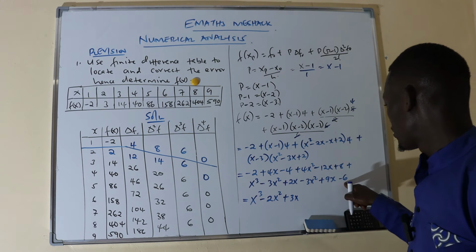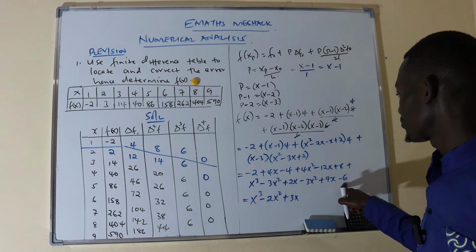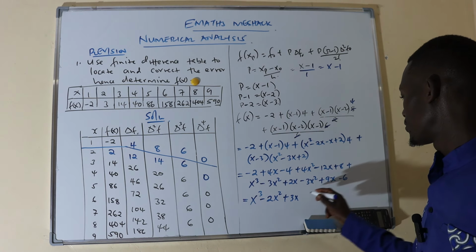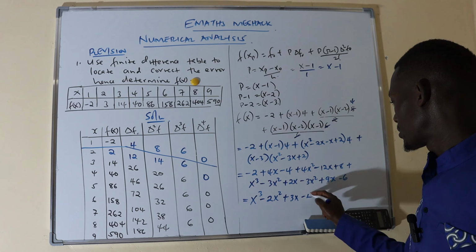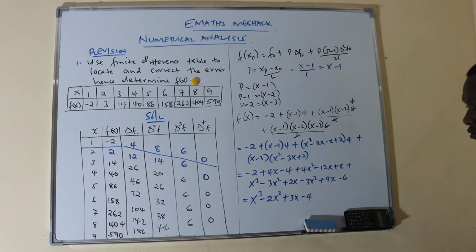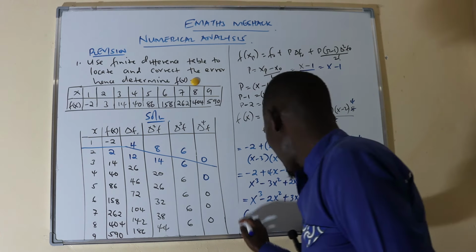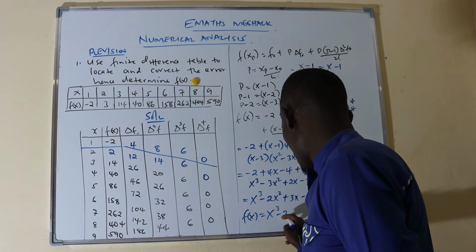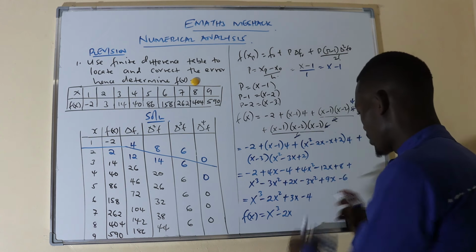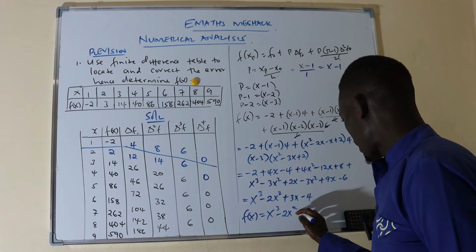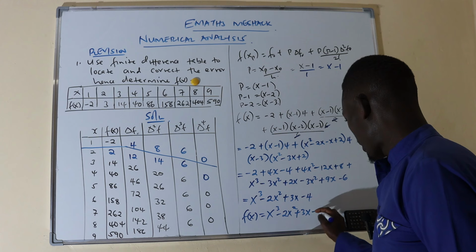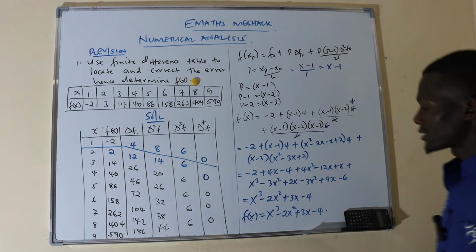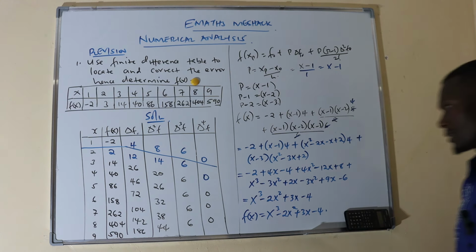Then 2 minus 6 gives you negative 4. So therefore your function f of x will be given by x cubed minus 2x squared plus 3x minus 4. So that gives you the function f of x.